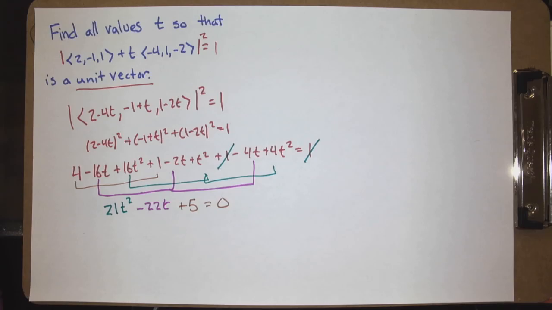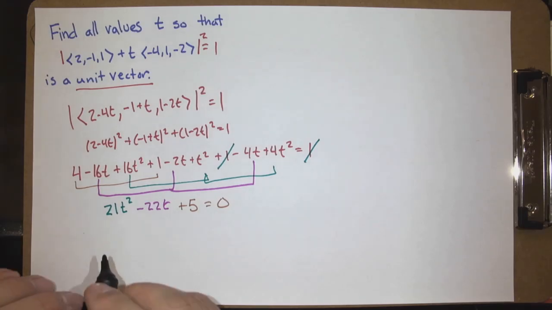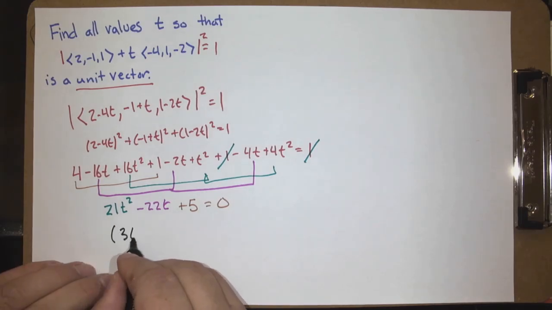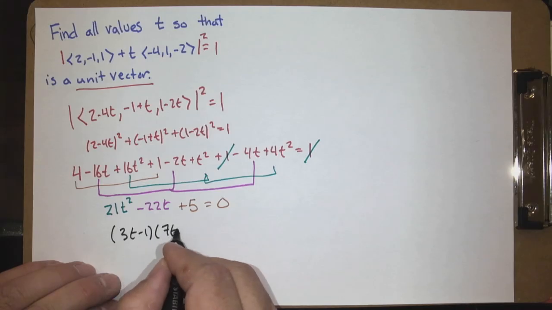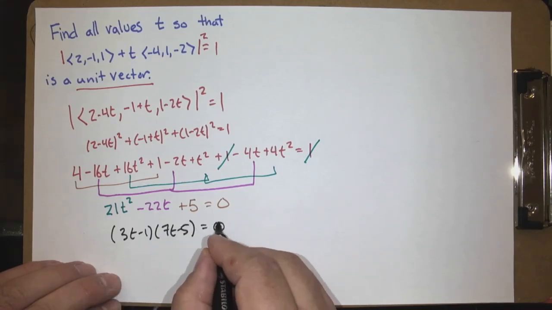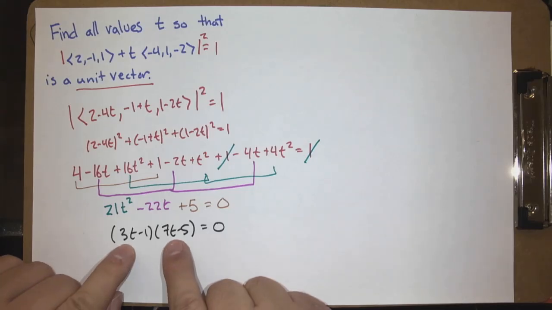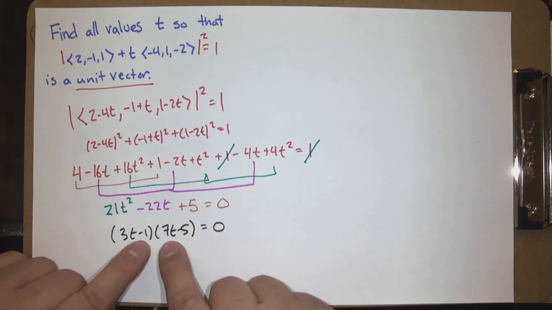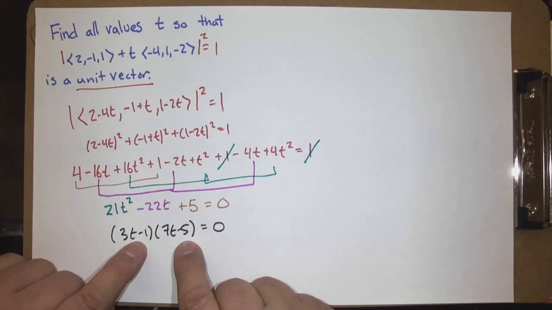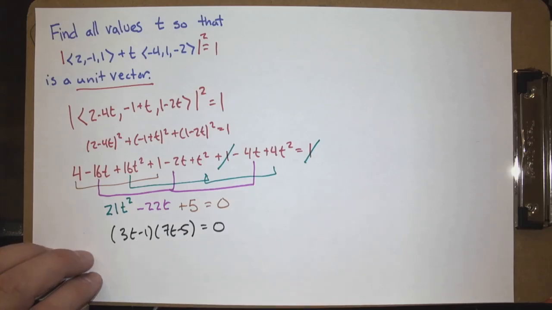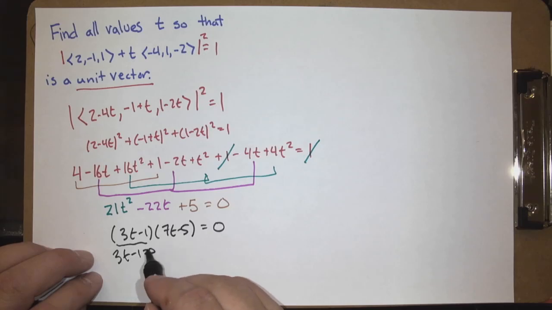And now you can do the quadratic formula. Or this does factor as (3t minus 1) times (7t minus 5). I do not claim that factoring is this quick, but in the interest of time, you can check. 21t squared. Here's minus 15t minus 7t. That's minus 22t. And there's a plus 5. Giving us, well, when does 3t minus 1 equal 0?